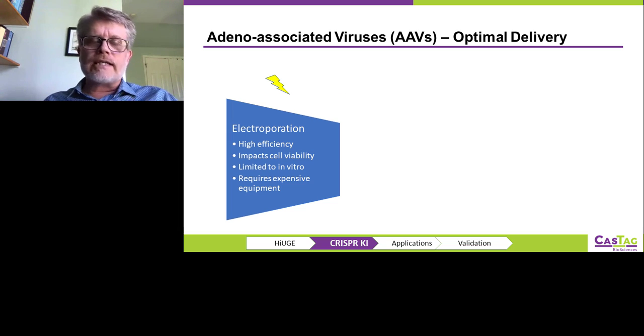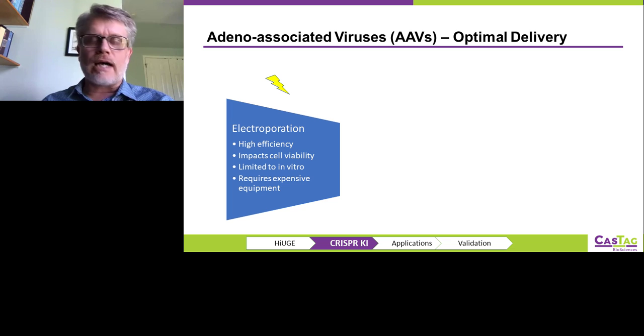Okay, so the next consideration to think about beyond the repair mechanism that you're going to utilize is the delivery mechanism. For CASTag Biosciences, we use adeno-associated viruses, but there are other delivery mechanisms that can be utilized as well. The first is electroporation, generating an electrical pulse to deliver your molecules of interest into the cell.